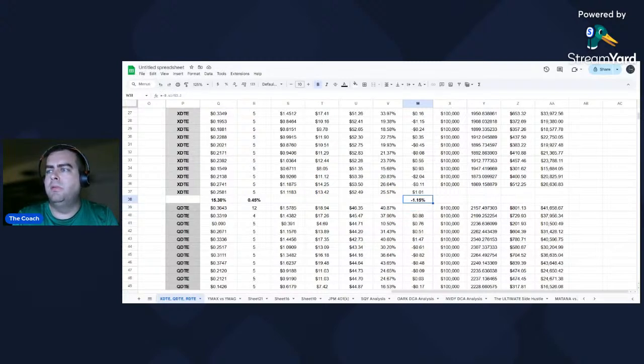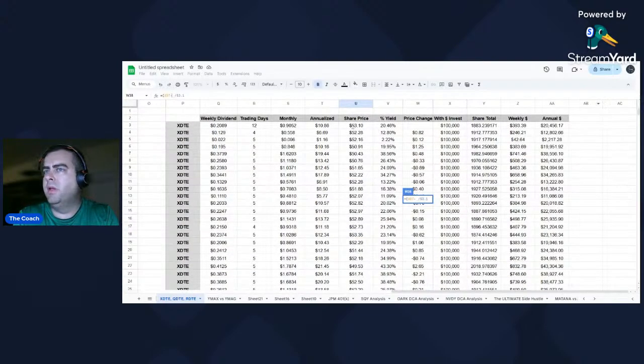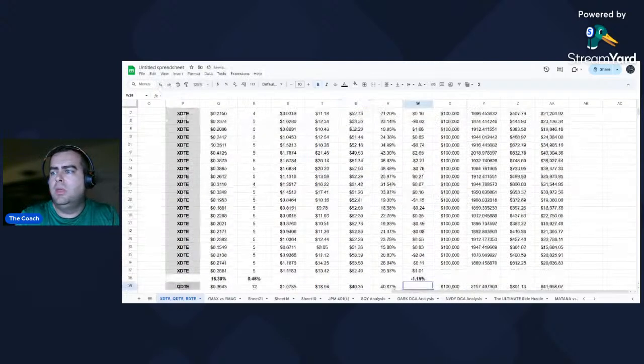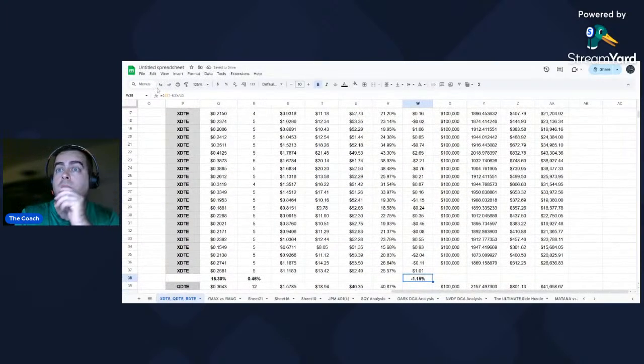Let me reformat this formula here. I'm just going to take, equals, parentheses, this one, minus, this will simplify it here, minus this, and then divide by, instead of the 5310, I don't know why I didn't think of this sooner. There we go. It should be the same result. Okay, 1.15. There we go. Yep, that's what it is.